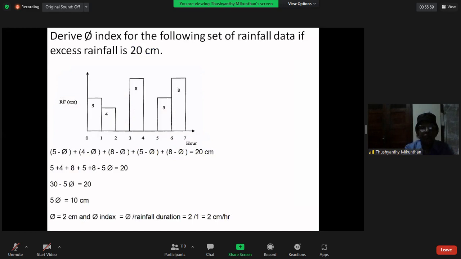Then we did one calculation here, estimating the pi index since it is a 1 hour duration of rainfall. Here there is no need to divide by another duration, because it is pi over rainfall duration. So 2 divided by 1, 2 centimeter per hour.